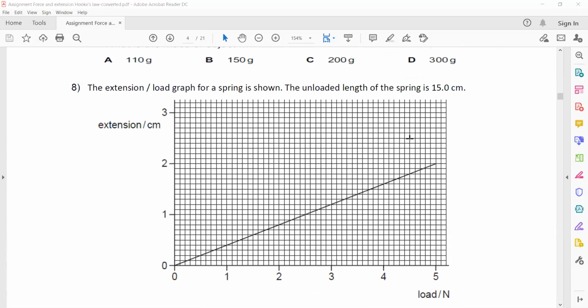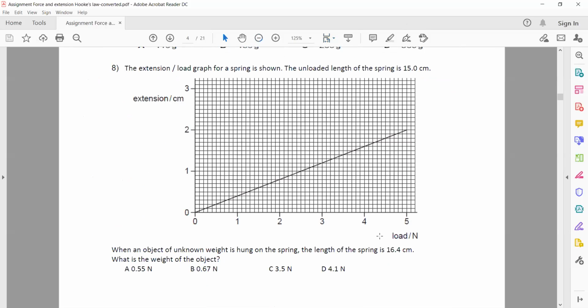Okay, in this example, you have to use a graph.